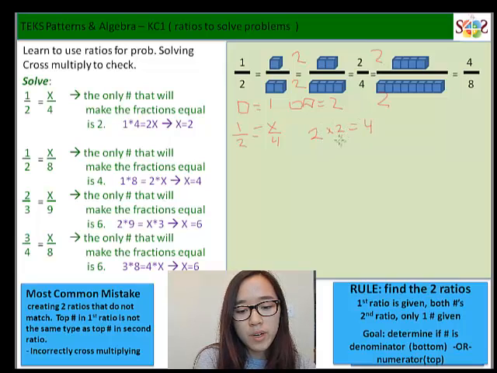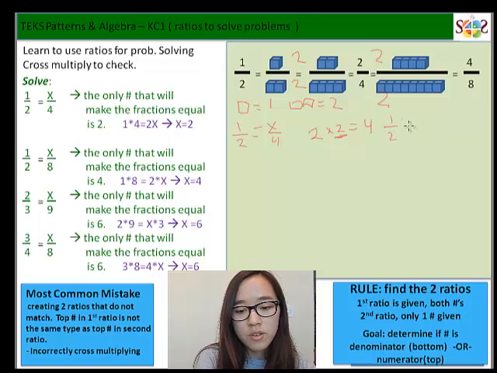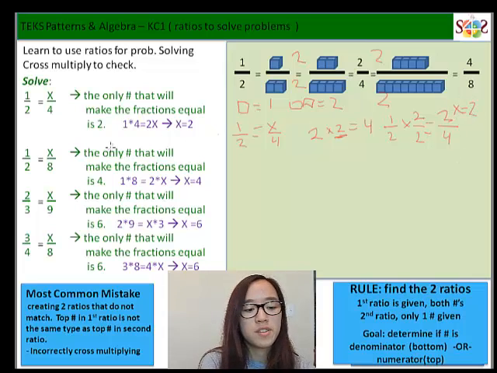So 2 right here is our factor. So if we come over here, we can multiply 1/2 times 2 over 2. We'll start with the numerator. 1 times 2 is 2, and 2 times 2 is 4. So x equals 2. Now let's look at our next example.